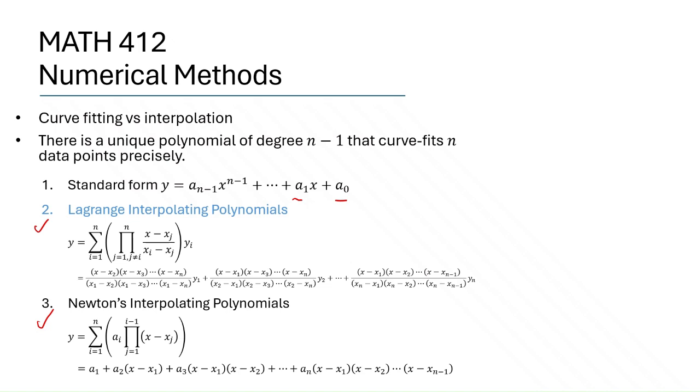And it turns out Lagrange interpolating polynomials and Newton's interpolating polynomials are two of our best friends in the following chapters, especially Lagrange interpolating polynomials, because to set up such a polynomial, no calculation is needed. And the Newton's interpolating polynomials still need some calculation.